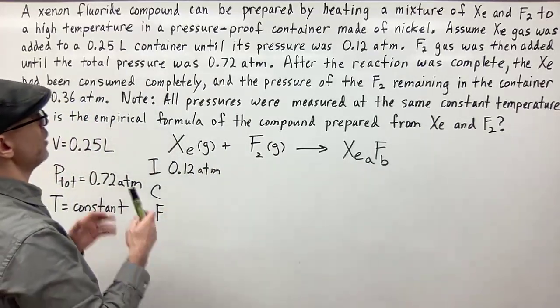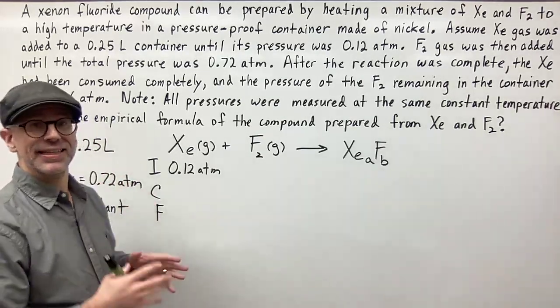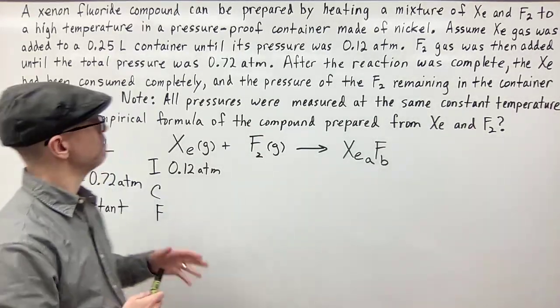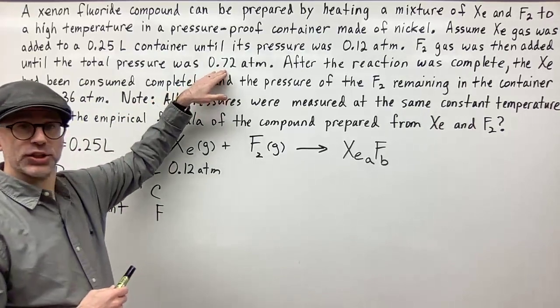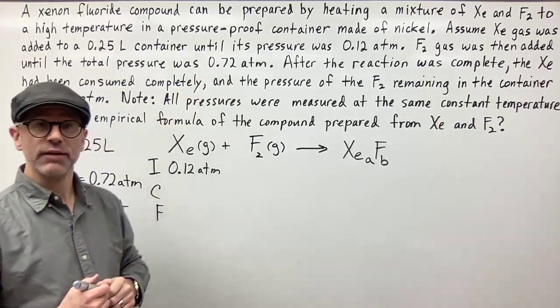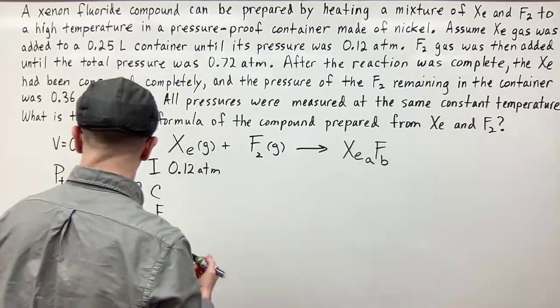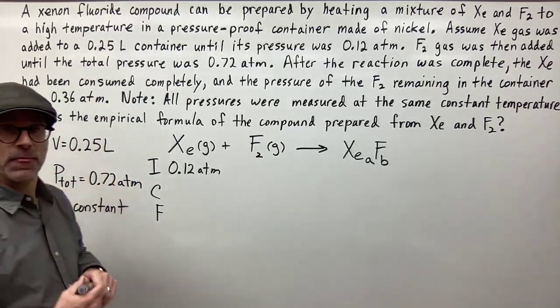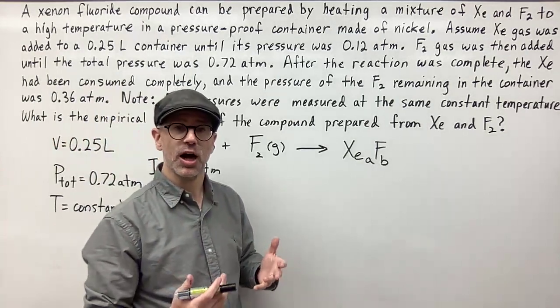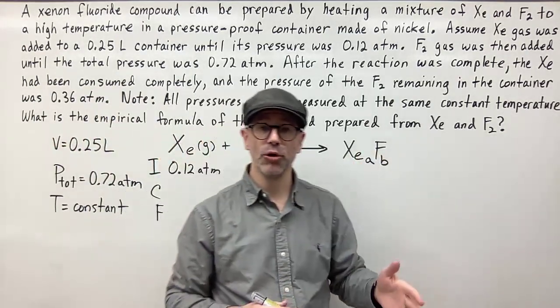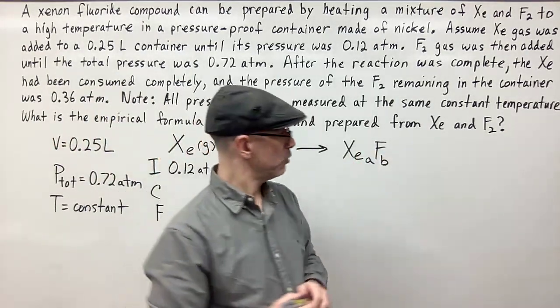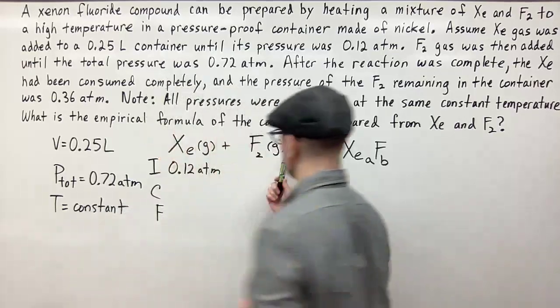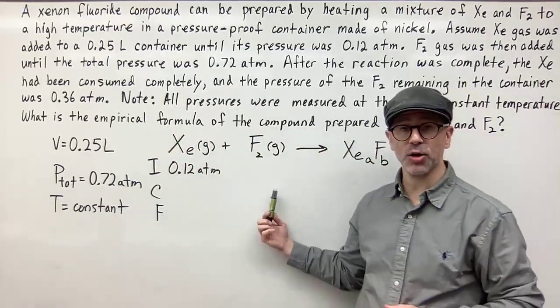We're then told that fluorine gas is added to the container until we get a total pressure of 0.72 atmospheres. Okay, so we have 0.72 atmospheres total. Well, this is a mixture of gases. This includes fluorine plus xenon, right? So what's the pressure of fluorine to start with?